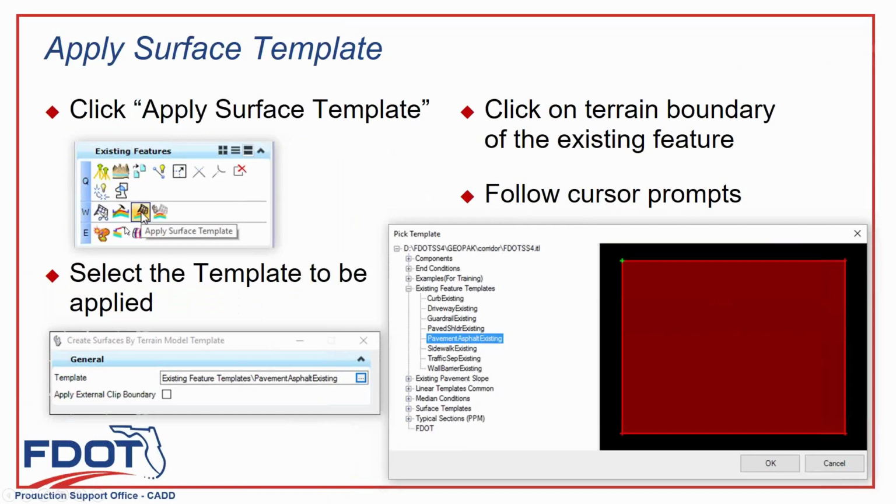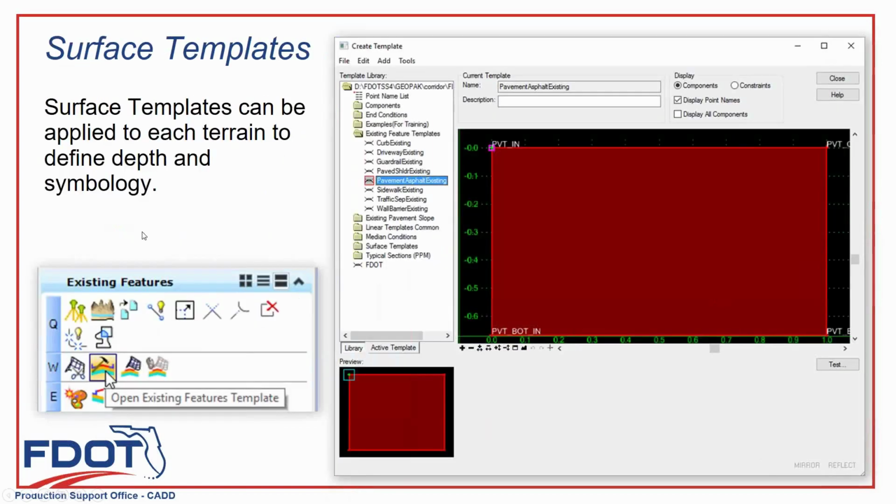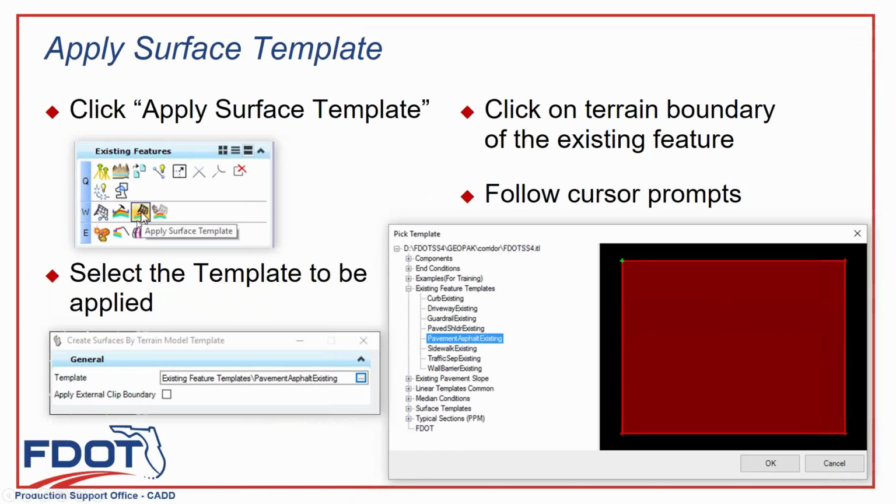This just opens the existing features. To apply the existing feature, you apply surface template and select the template you need. You need to make sure you have that library open first with the other tool. Then you can select the template from the library using this tool.